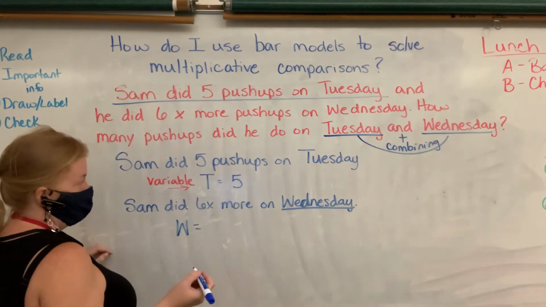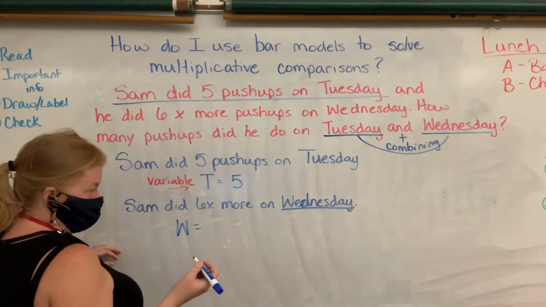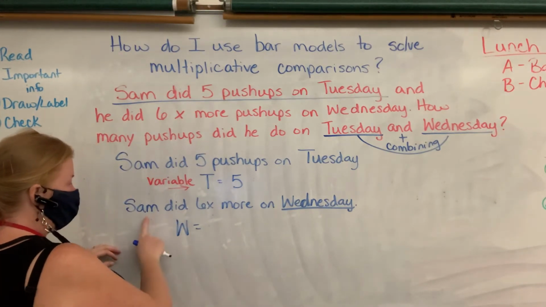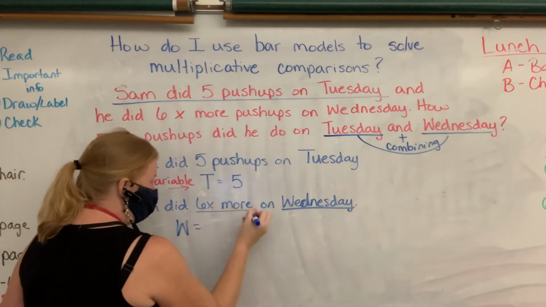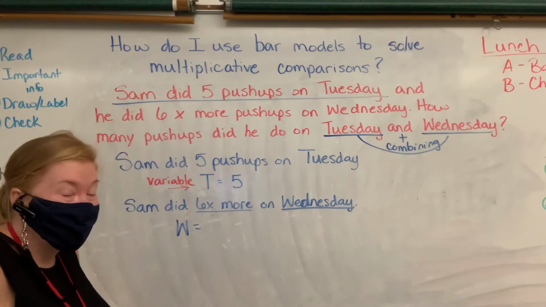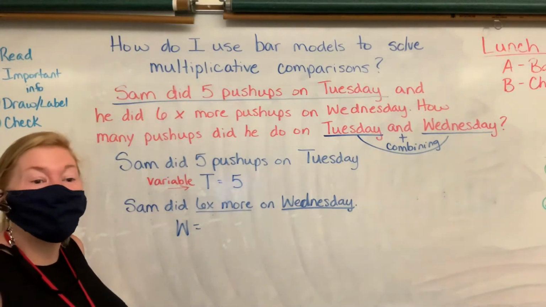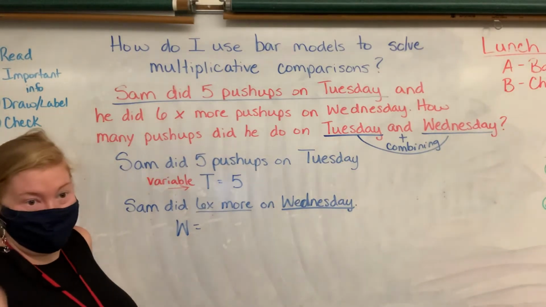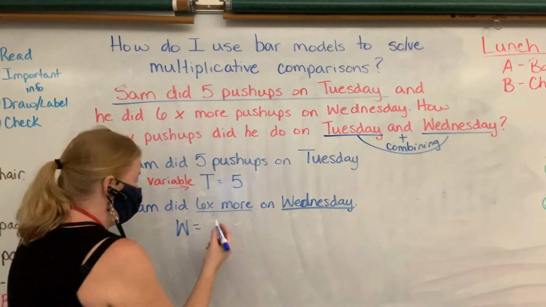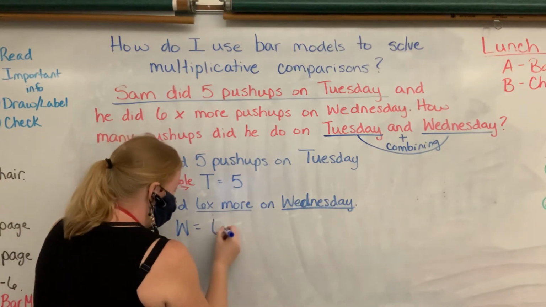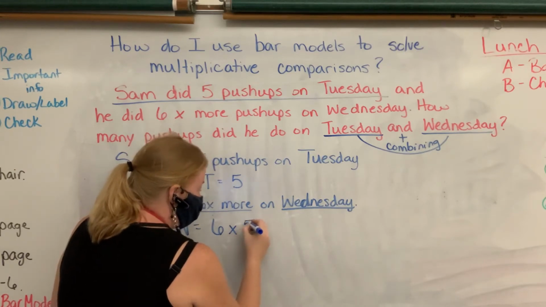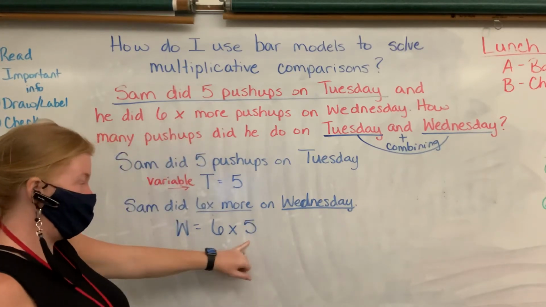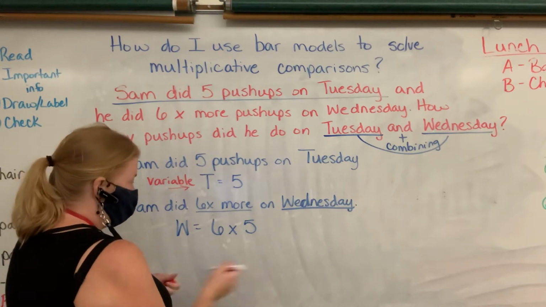It can't equal 6. Wednesday equals Sam did 6 times more. We have to equal 6 times more than what? Than 5. So Wednesday would equal 6 times more than 5 because 5 is Tuesday, right?